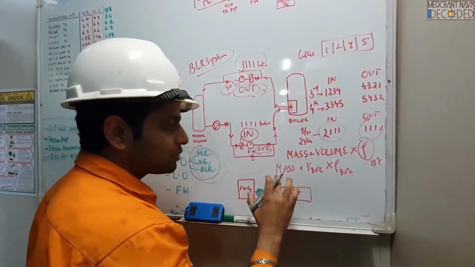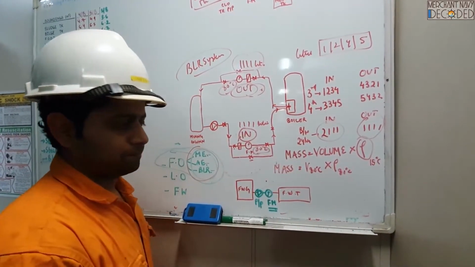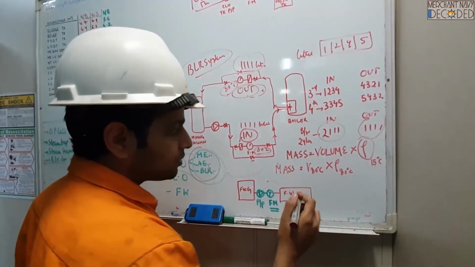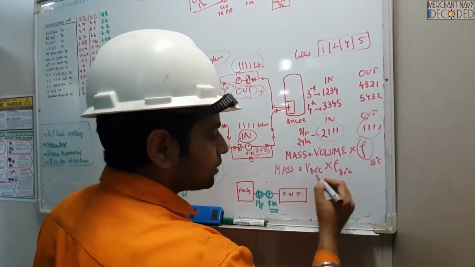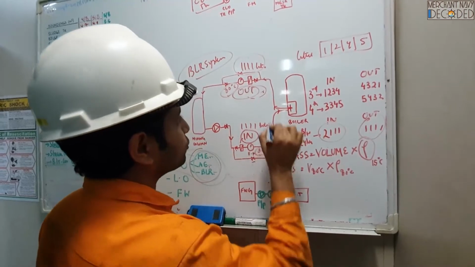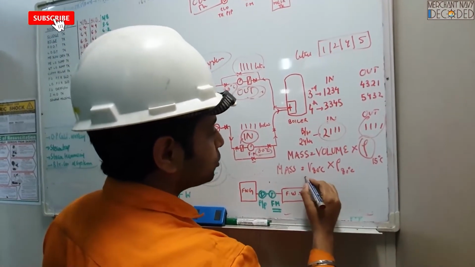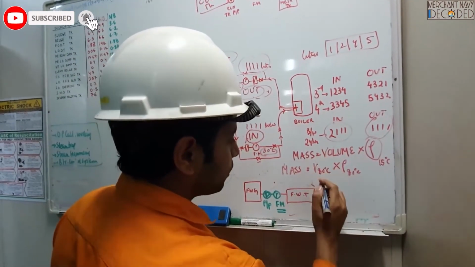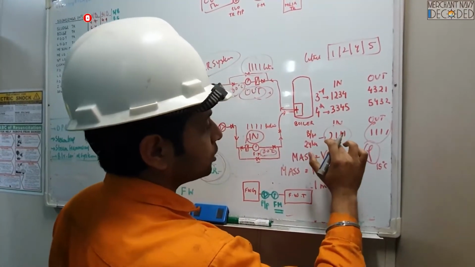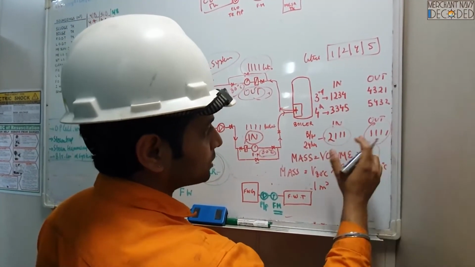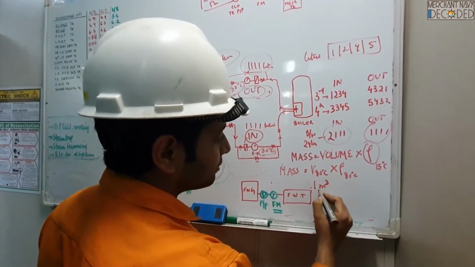And we always know that mass does not change, right? So now we know that the volume flowing through the flow meter that we have calculated is 1 meter cube, which we had calculated earlier: 2111 minus 11, that is 1000 liters, which is 1 meter cube.